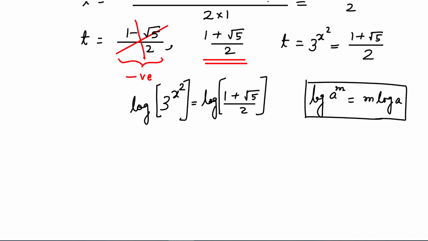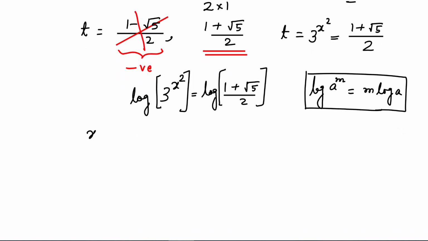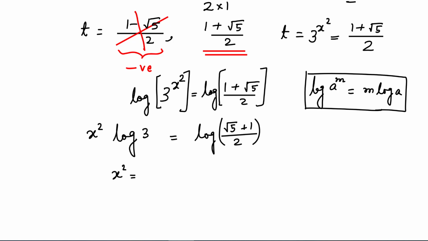So this is the rule that we can use here. If I use this rule, I can simply write x square log 3 is equal to log of 1 plus root 5 divided by 2. So from here x square is equal to log of root 5 plus 1 divided by 2, and this divided by log 3.